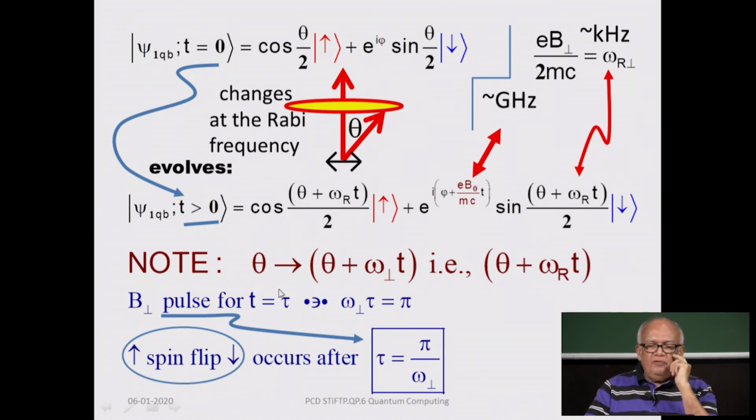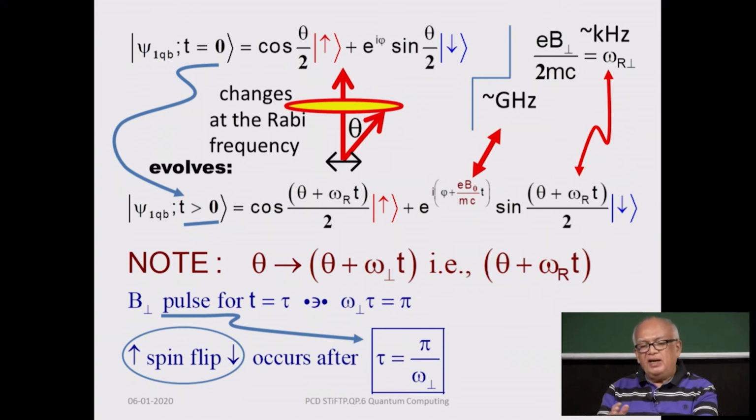And if you now apply this orthogonal field for a certain amount of time tau, such that this angle omega times tau is exactly equal to pi, you will achieve the flip, okay, because theta is changing to theta plus omega t.